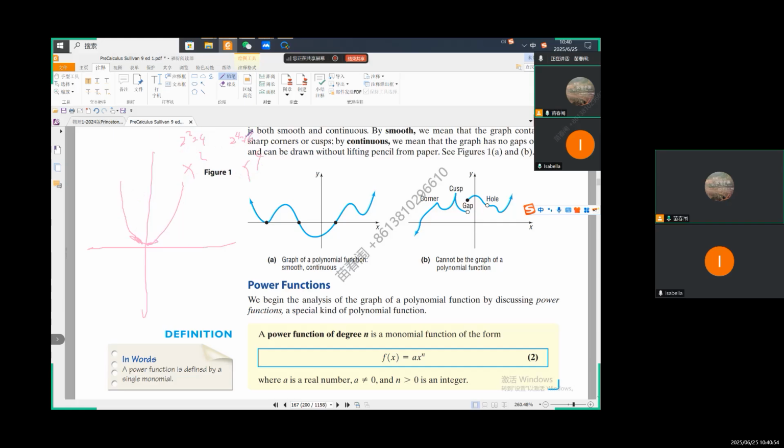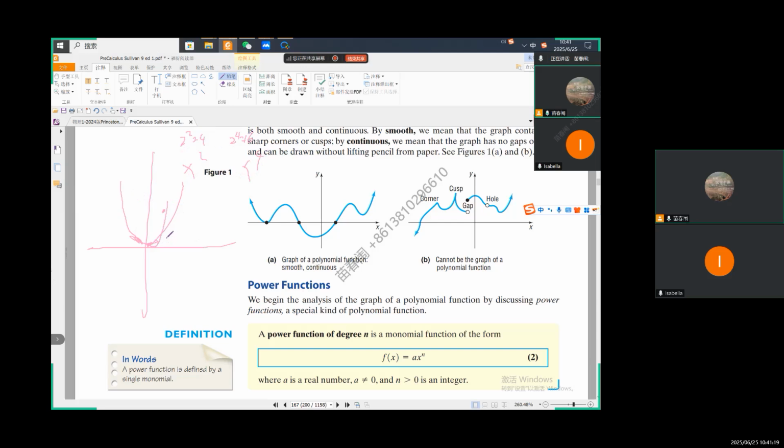So the fourth power is higher, it should be here. And then it should be downstairs when it's below 1.